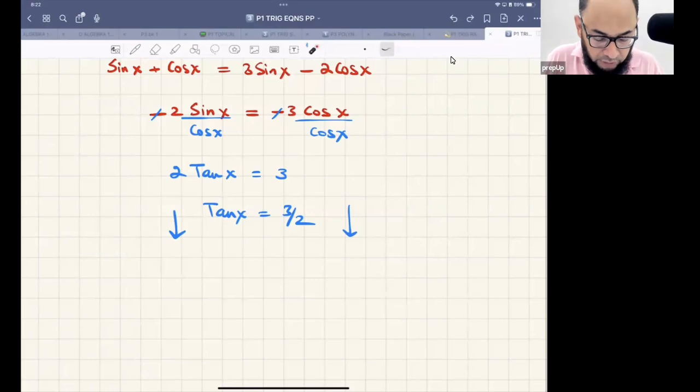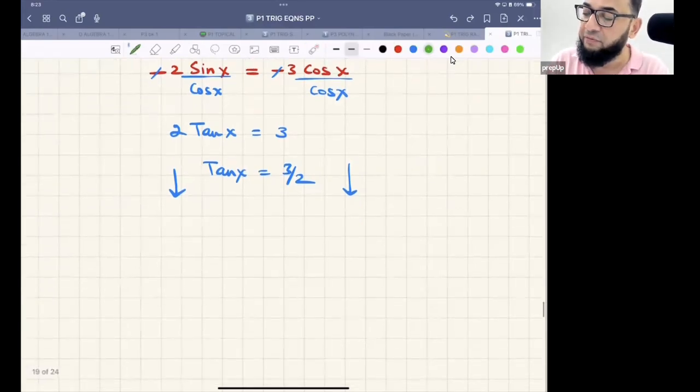Tan inverse of 1.5 in radian mode comes out to be 0.9827. That is the basic angle that we will use.